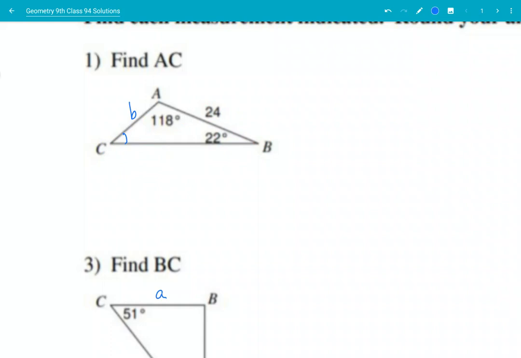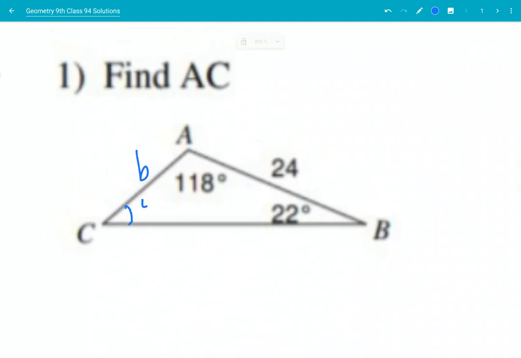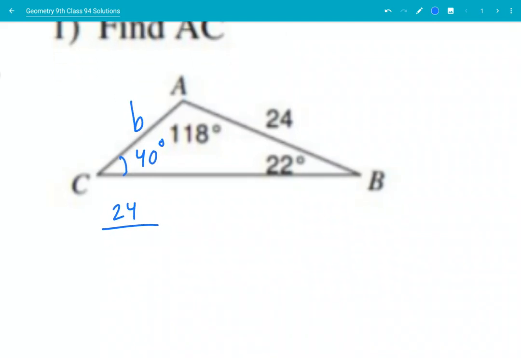All right, so 180 minus 118 minus 22 will give us 40 degrees, right? 40 degrees. So now we can say 24 over sine of 40 equals side B over the sine of 22.